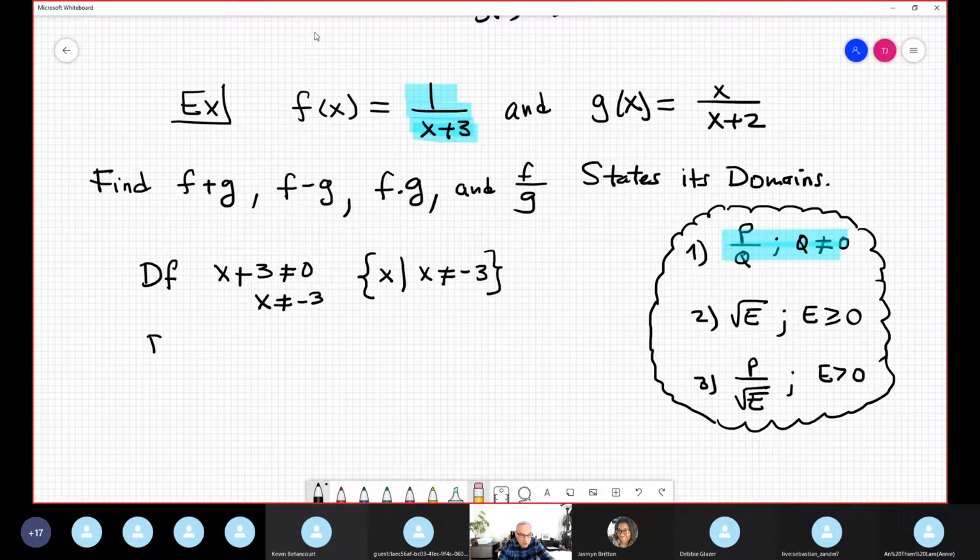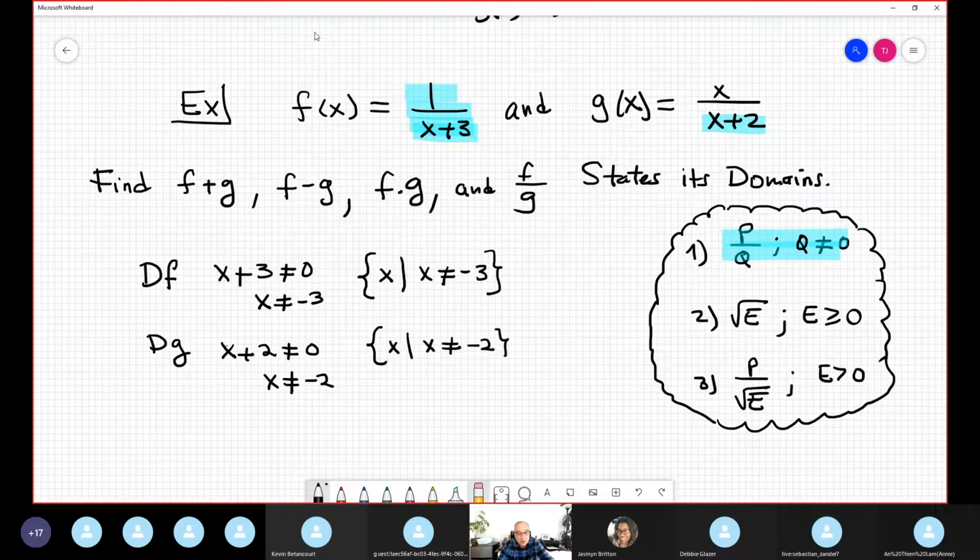And the domain of g is the same idea, one division. So you take the denominator expression. I don't care about the numerator; it is not participating in the game of the domain. So x plus 2 is not 0. Therefore, x is not negative 2. So this is the domain of g.